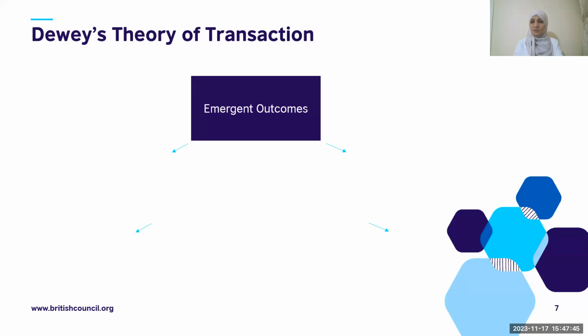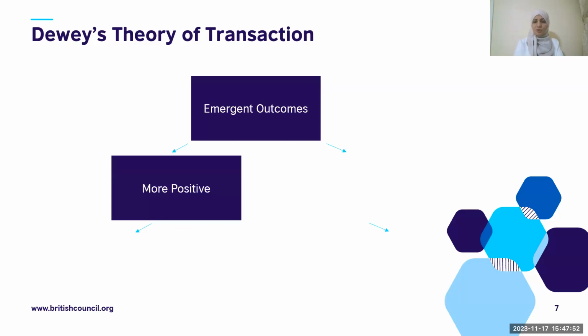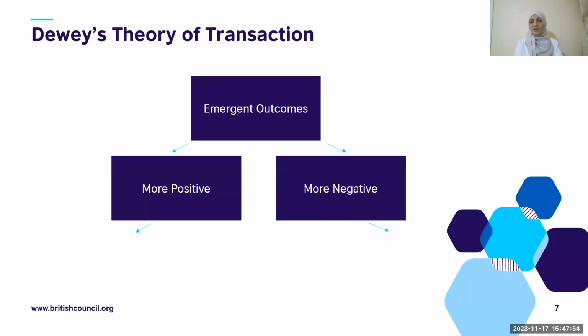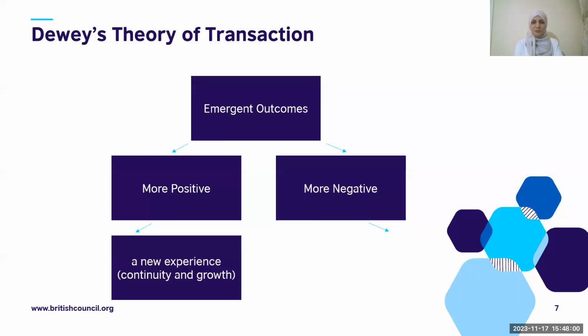The outcomes are not always specific, they're emergent outcomes. So more positive outcomes will result and more negative outcomes, if you want to put them this way. More positive outcomes will result in new experience, which is continuity and growth.